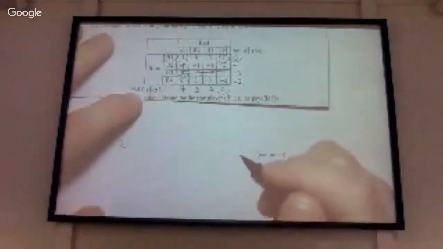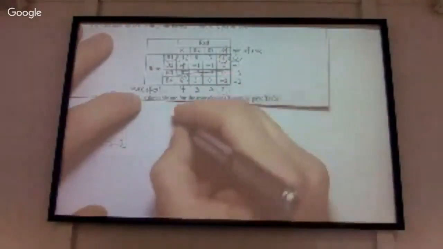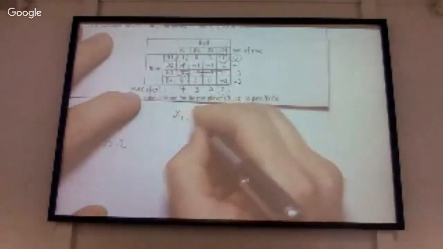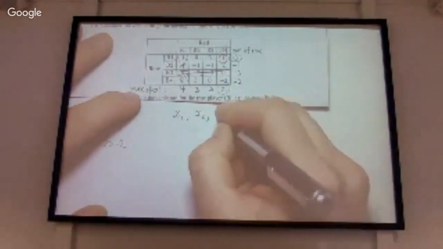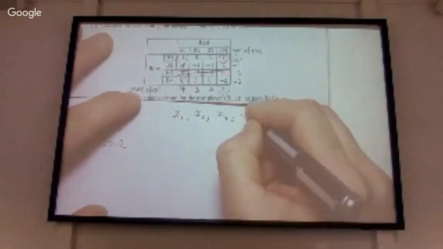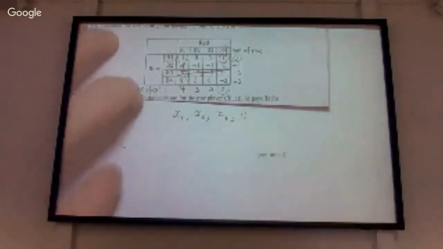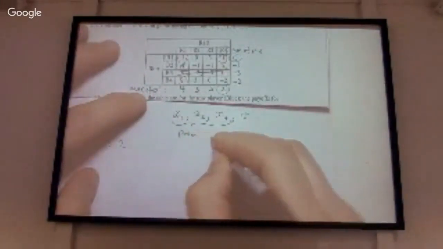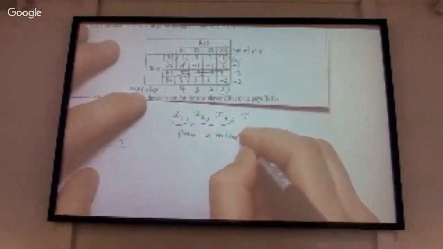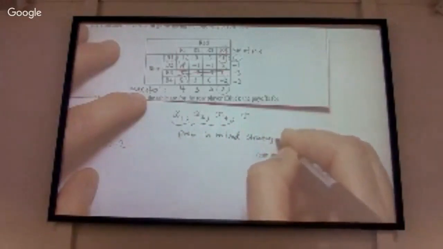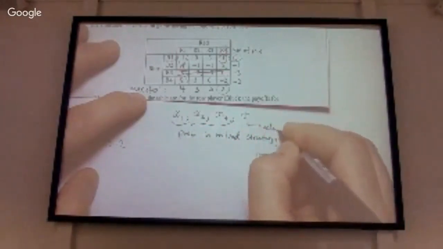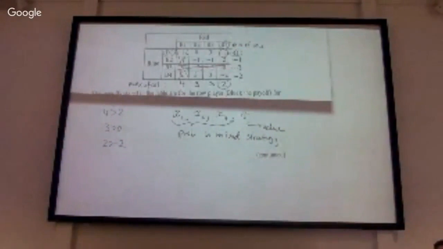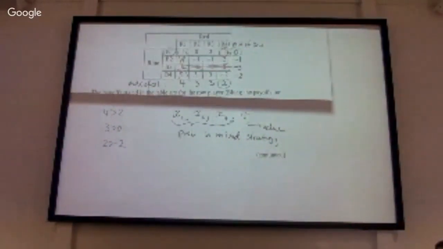You have decision variables x1, x2, x4, and v. These are the probabilities in the mixed strategy, and v is the value. I'm assuming everybody has been doing this for the assignment, so people kind of know how it goes.